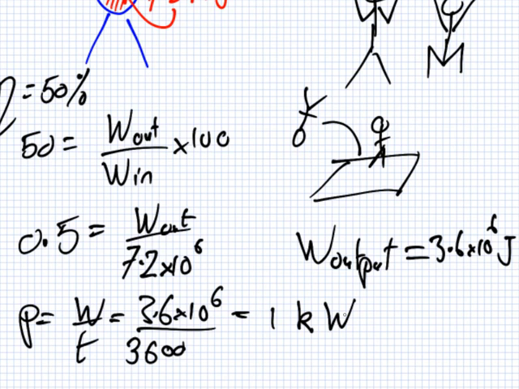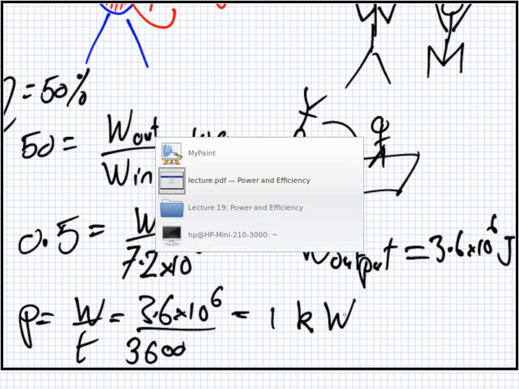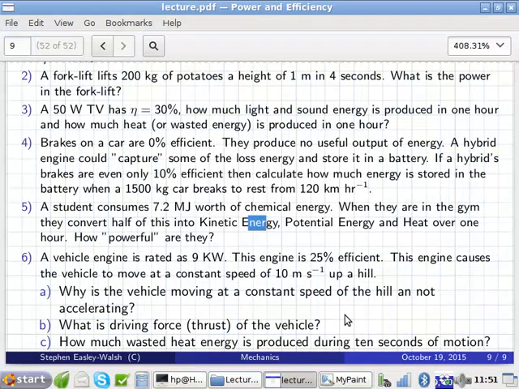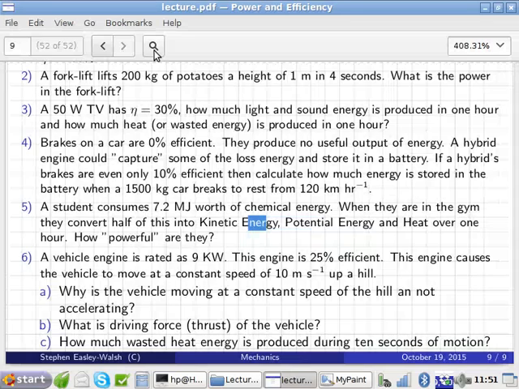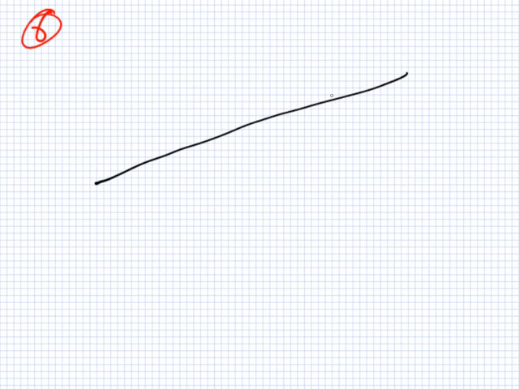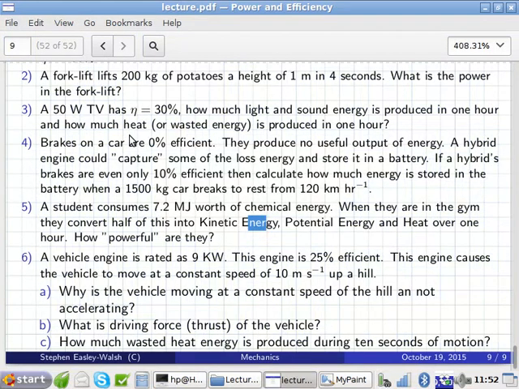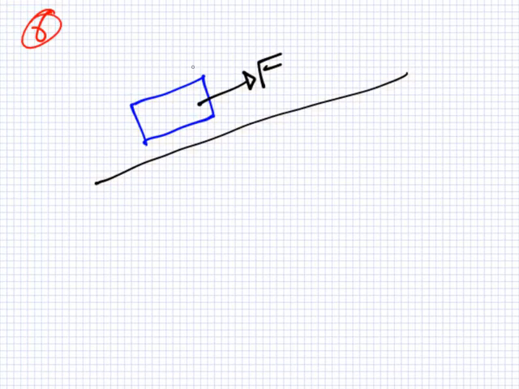Next question. Let me see. The car. So this is number 6. So you have a car going up a hill. So there's a force here. The mass is unknown. The speed is 10 meters per second.